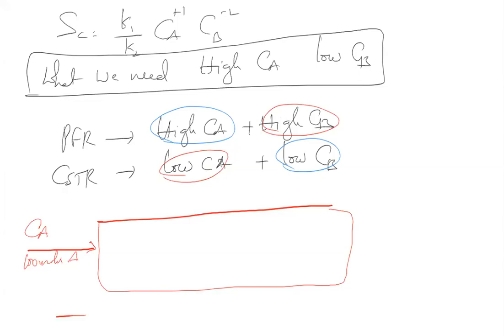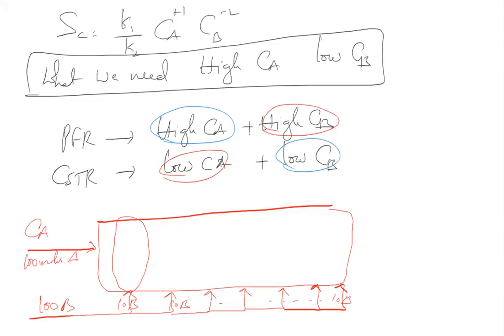Now B I will split like this. Suppose I have 100 B, this is 10 B, this is 10 B, like this. So on each plane, if I send A and B together, the concentration of A is high and the concentration of B is low.